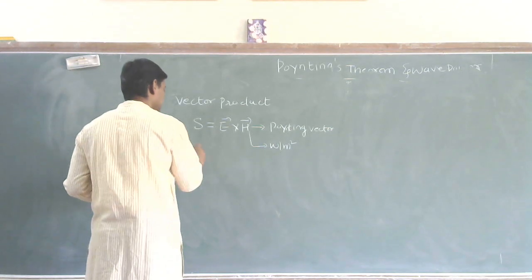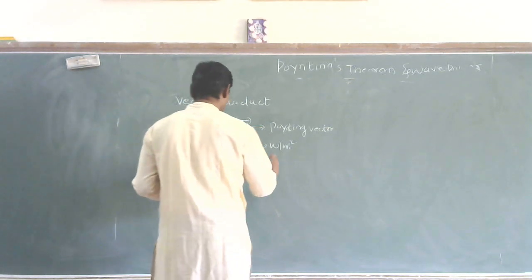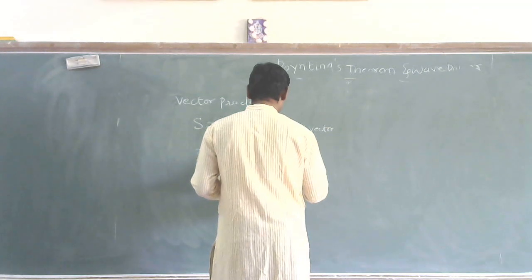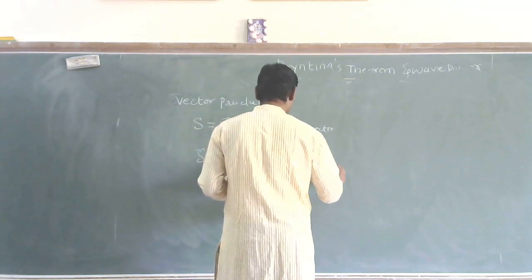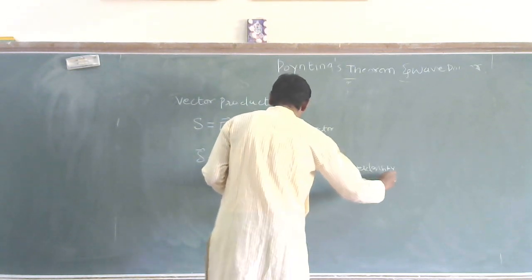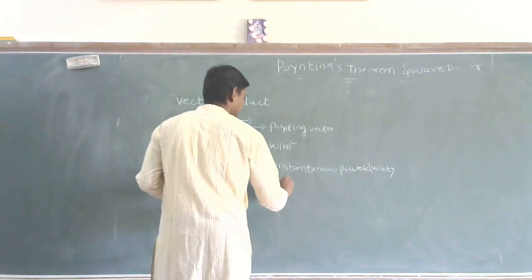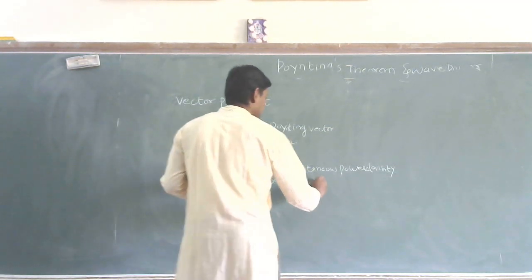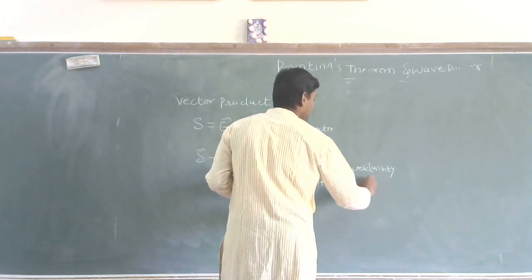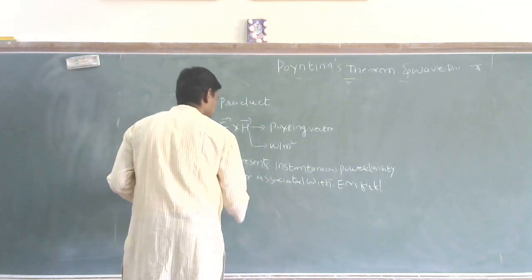Now this S represents the instantaneous power density vector associated with E and H at a point.